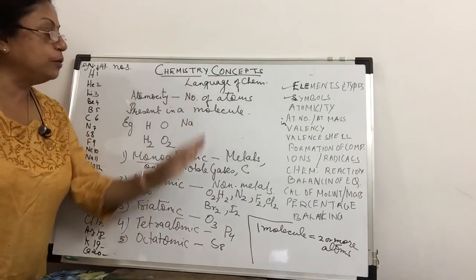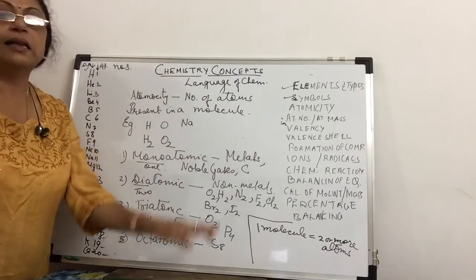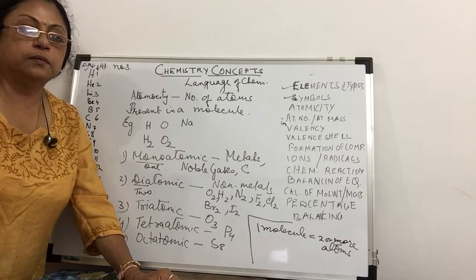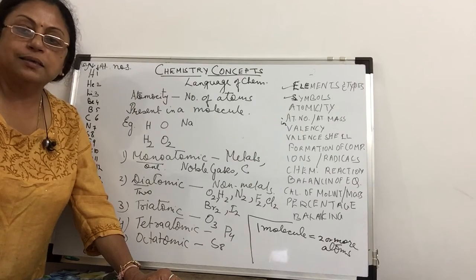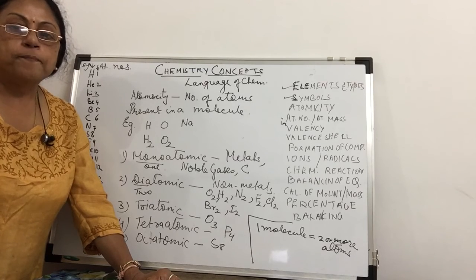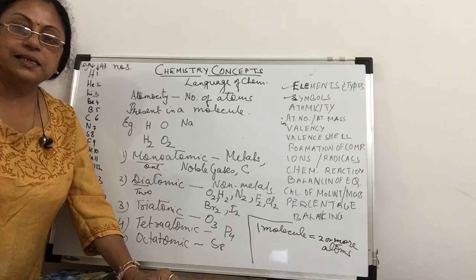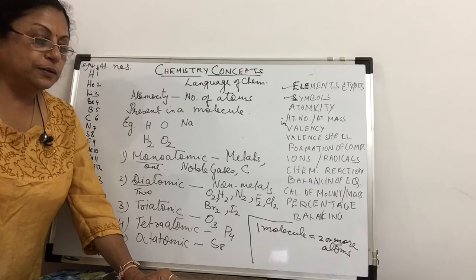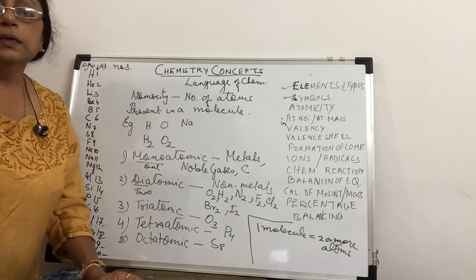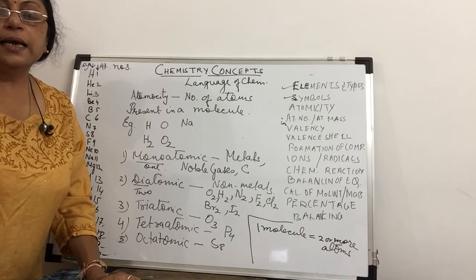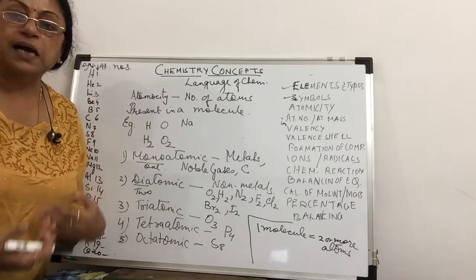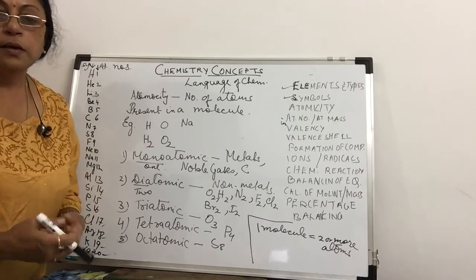I can just tell you the elements and the valency also, and you can memorize them by heart. But I feel that instead of just memorizing, if you understand and then study, your understanding process will be much easier and faster.